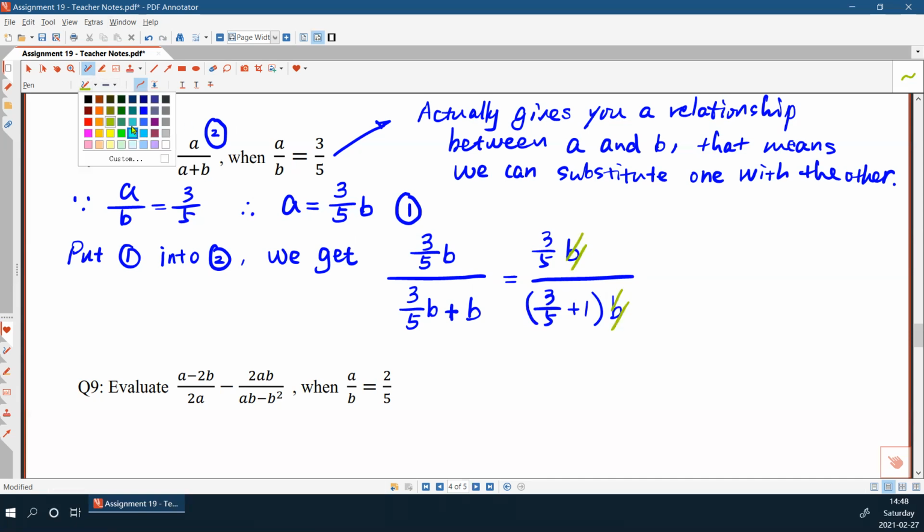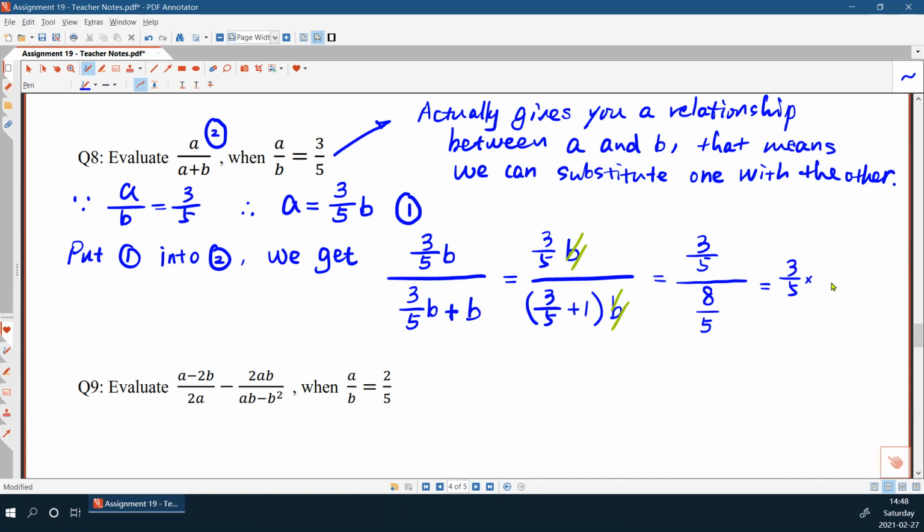What's left in the ratio is 3 over 5 over, 3 over 5 plus 1, which is 8 over 5, right? This is 3 over 5 times 5 over 8, which gives you 3 over 8.